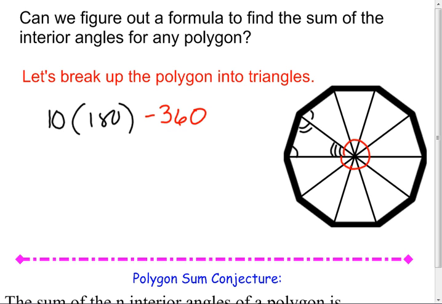So 10 is the number of sides, and 180 is the number of degrees in each triangle.